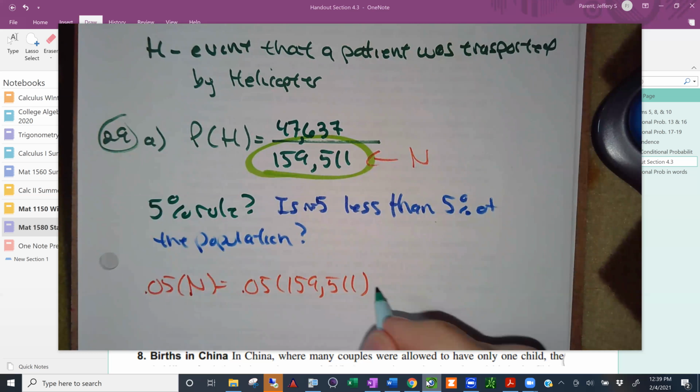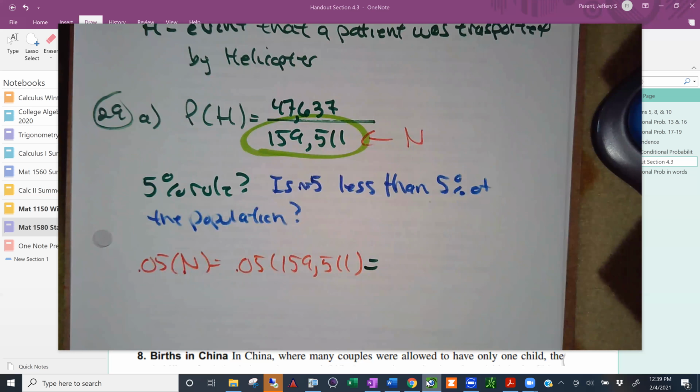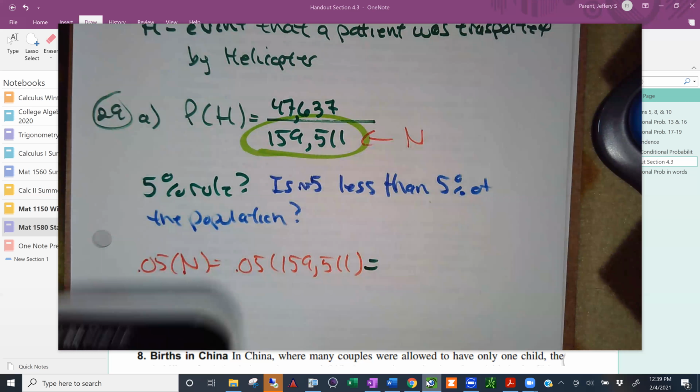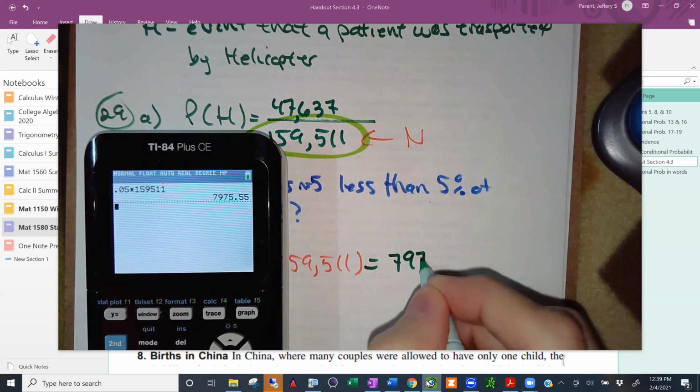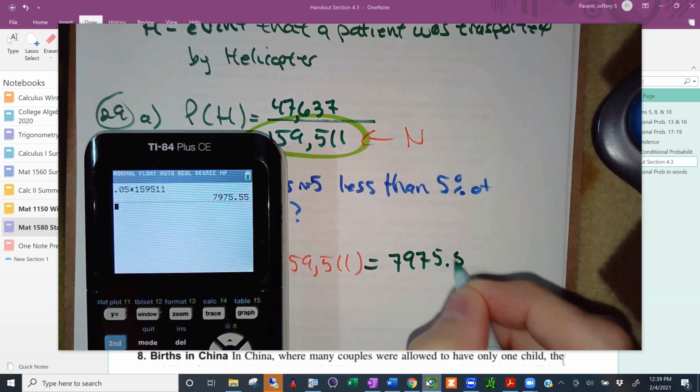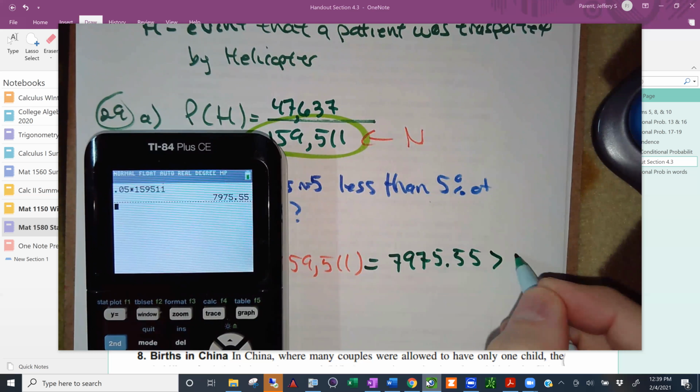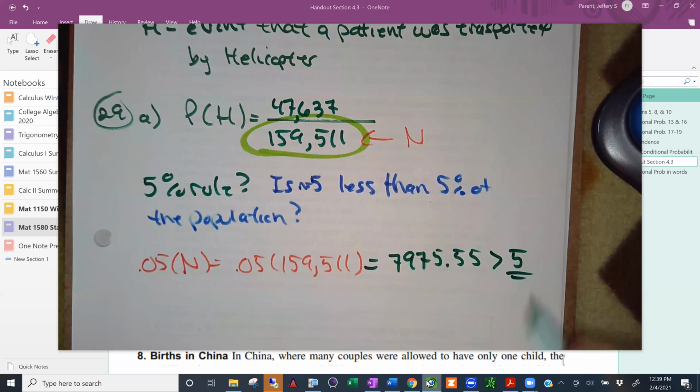That's going to be, I don't know, about 8,000 maybe, pretty close to that. A little bit less than 8,000, 7,975 and change. But it's certainly greater than the 5. So we can use the 5% rule. That's good.